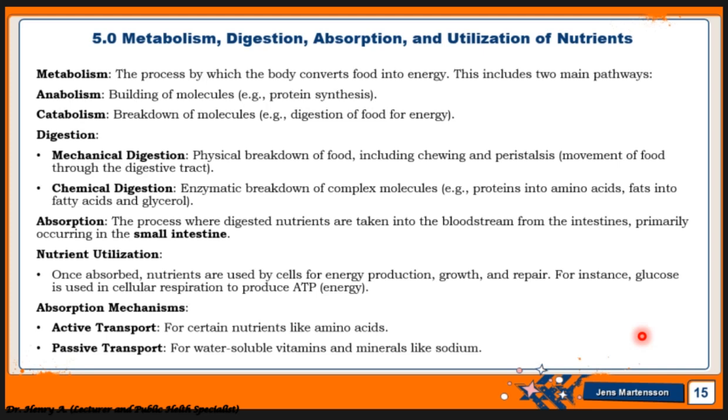You have proteins that are used for building and repairing tissues, enzymes, and hormones. Remember, we are talking about the utilization of these nutrients. We also have fats. They provide long-term energy storage and are crucial for cell membrane integrity.